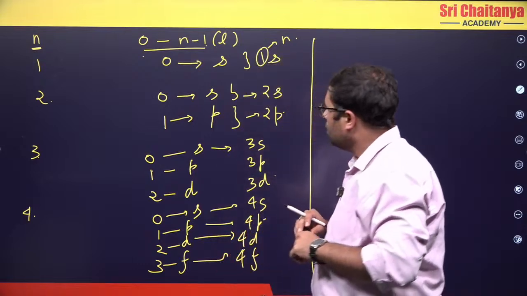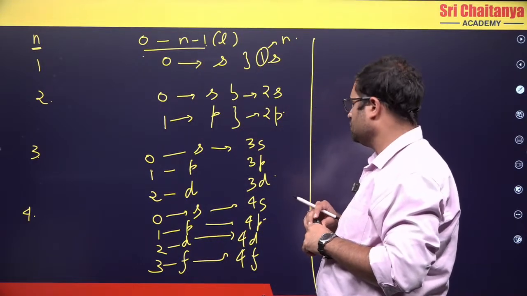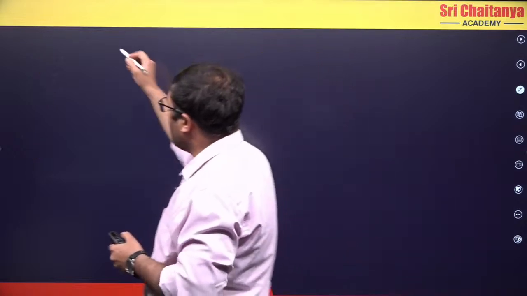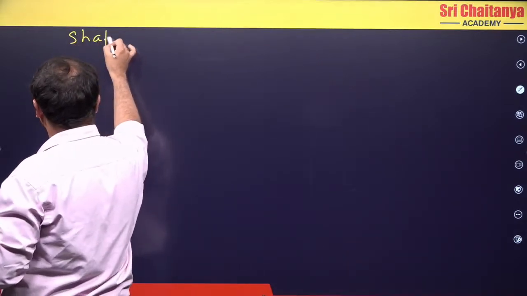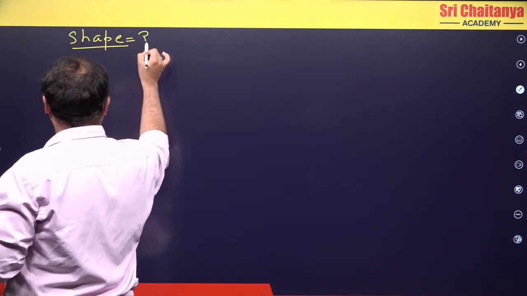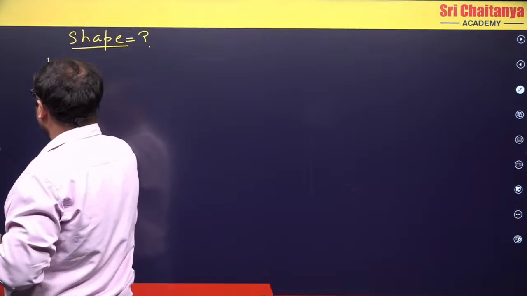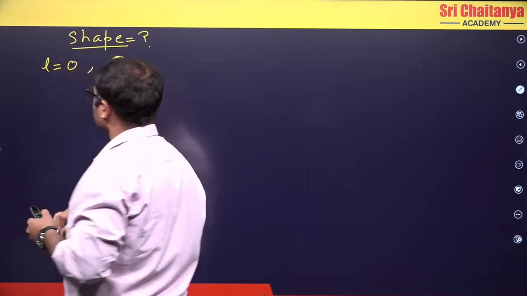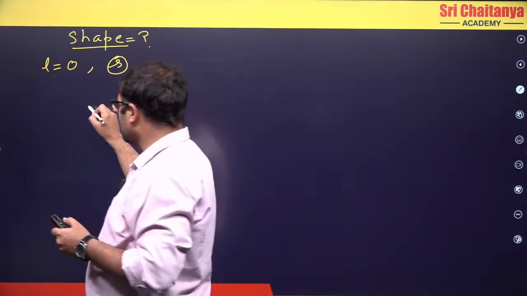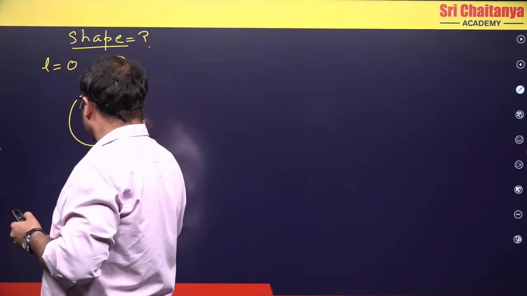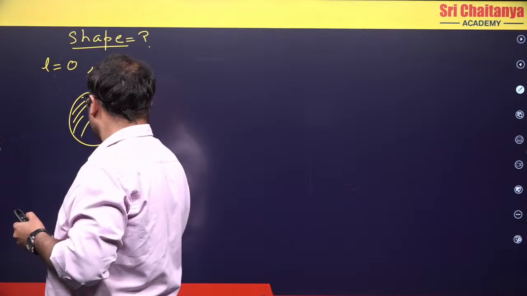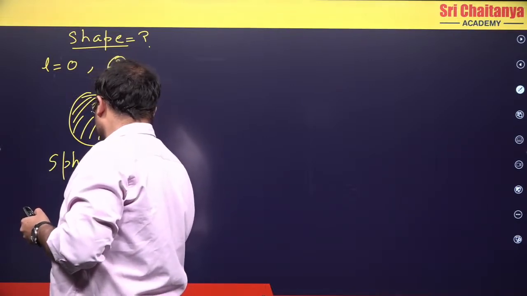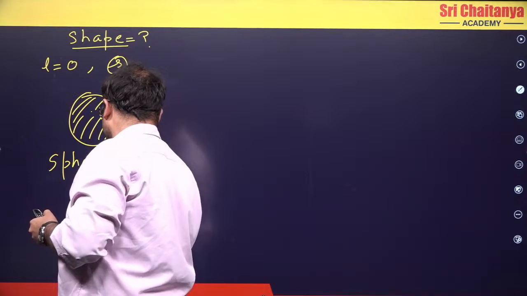Okay. So this next point talks about the shape. How is the shape predicted? Well, L equals 0, or I have an s subshell. The shape is spherical, so it has a spherical shape.